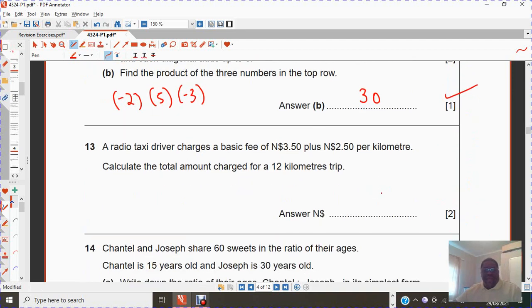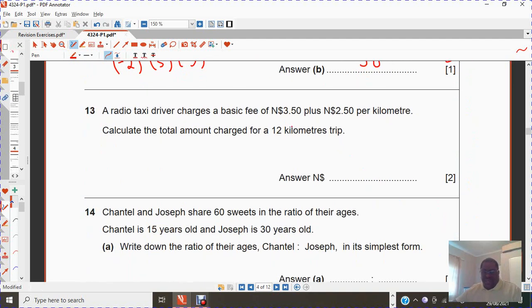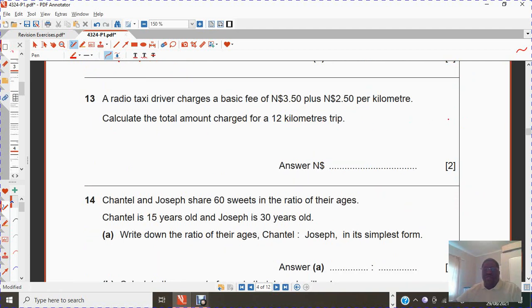Question 13. A radio taxi driver charges a basic fee of $3.50 plus $2.50 per kilometer. Calculate the total amount. So we are looking for the total amount. You know that $3.50 is the basic, plus then there is a $2.50 charge per kilometer. So that's 12 kilometers. So this is going to give you the total that we are looking for.